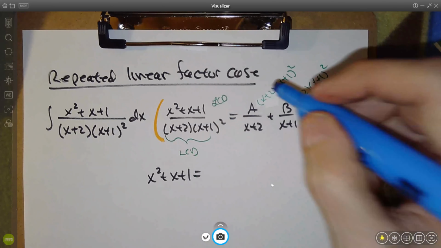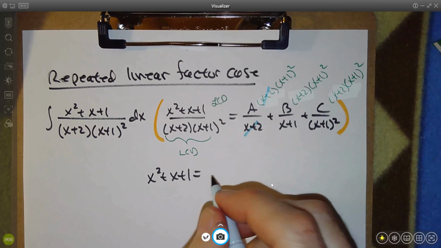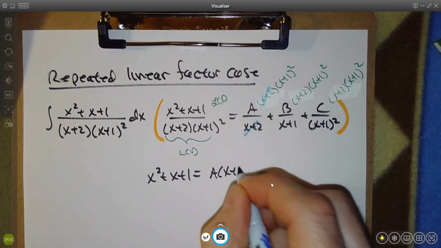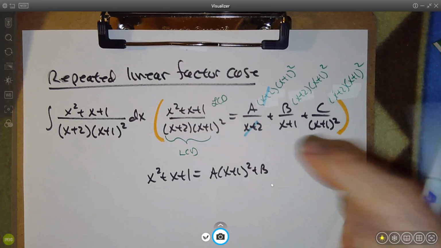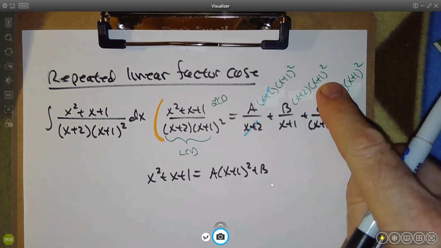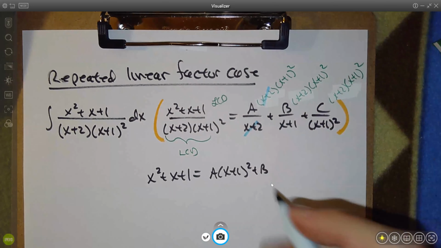In the first one, the denominator cancels out and leaves me with A times x plus 1 squared. In the second one, just one of these cancels out, so it leaves you with B times x plus 2 times x plus 1, and that's it.